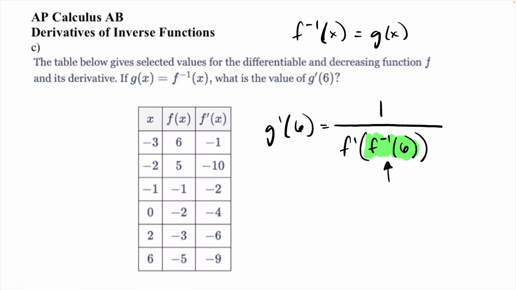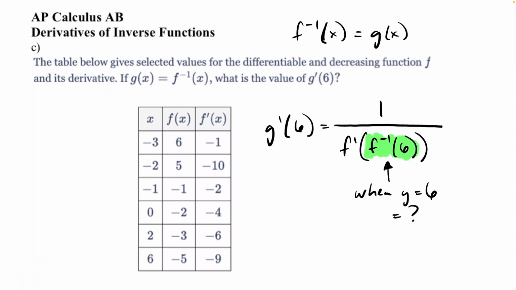If I said f of 6, just regular f of 6, what does that mean? x is 6. When x is 6, what is y, right? Now this was actually the opposite question. When y is 6, x is what? That's what it's asking.